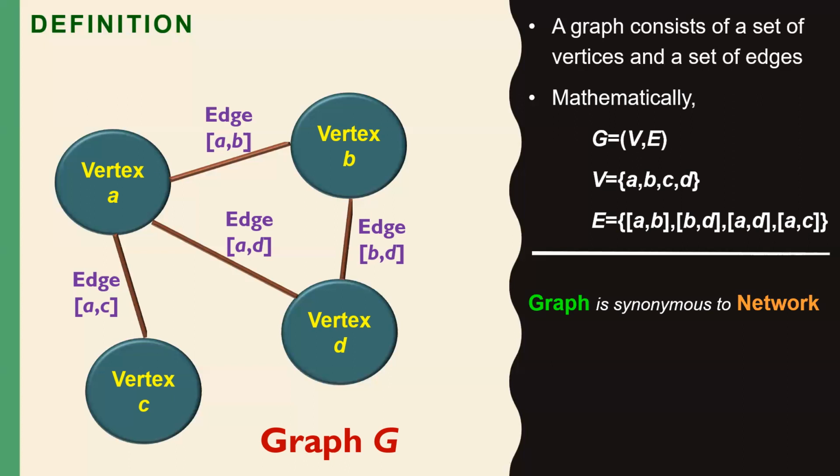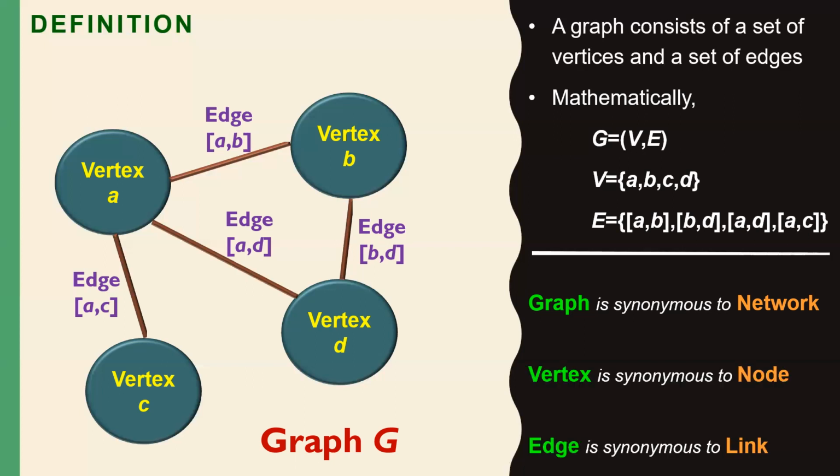Vertices are commonly referred to as nodes in the network. Two nodes will be connected if they are related to each other. And that word related will depend on the particular application area you're working on or the context in which you're doing the work. And the terminology for edges there is link.